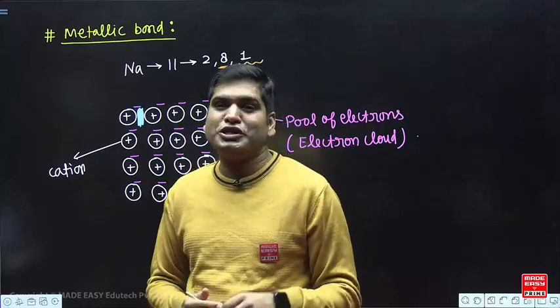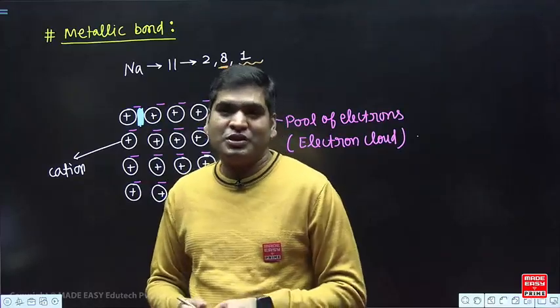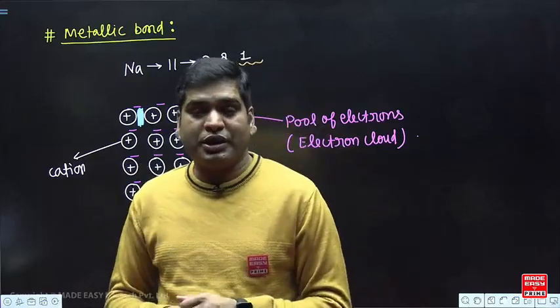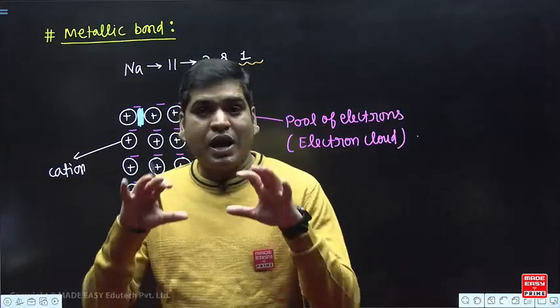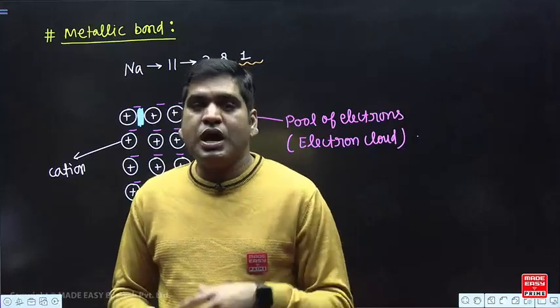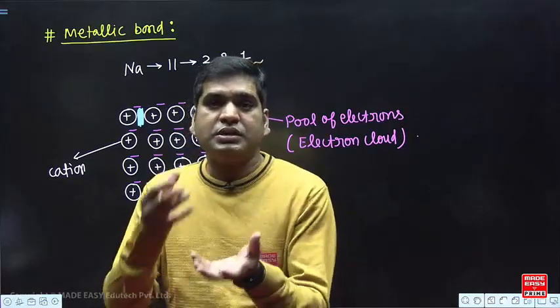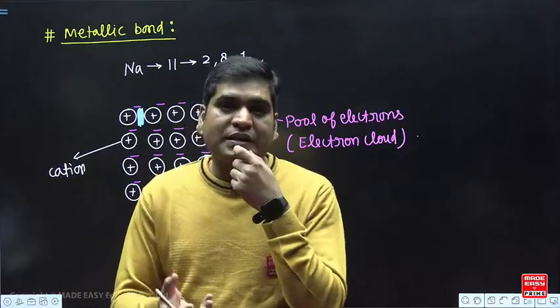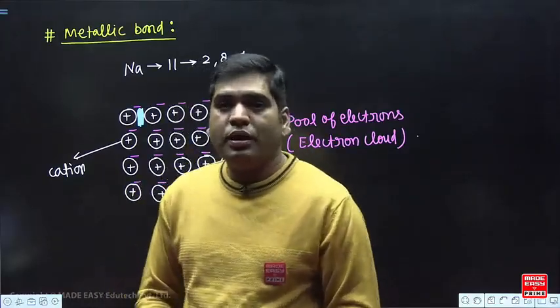Such kind of bonding is known as metallic bonding, where each atom shares its outermost orbit electron, and hence a common pool of electrons is prepared, known as the electron cloud, and each cation is attracted and sticks together in this electron cloud.